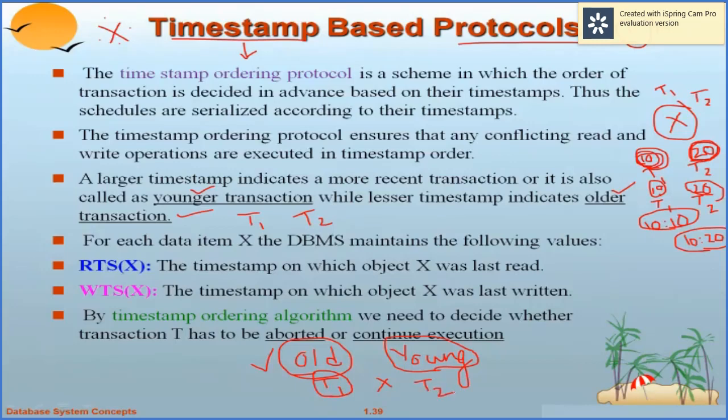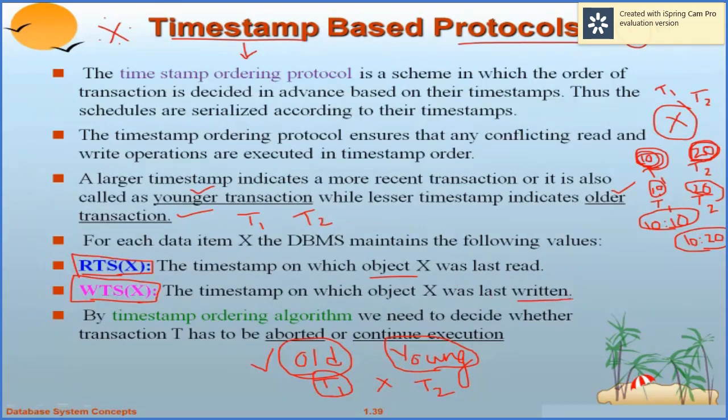So again, we are trying to impose the read and write operation conditions on the timestamping. When you find something called RTS of X, it means this is the timestamp value when the last read operation was performed on an object X. In the same way, WTS means the timestamp value on an object where the last write operation was performed.